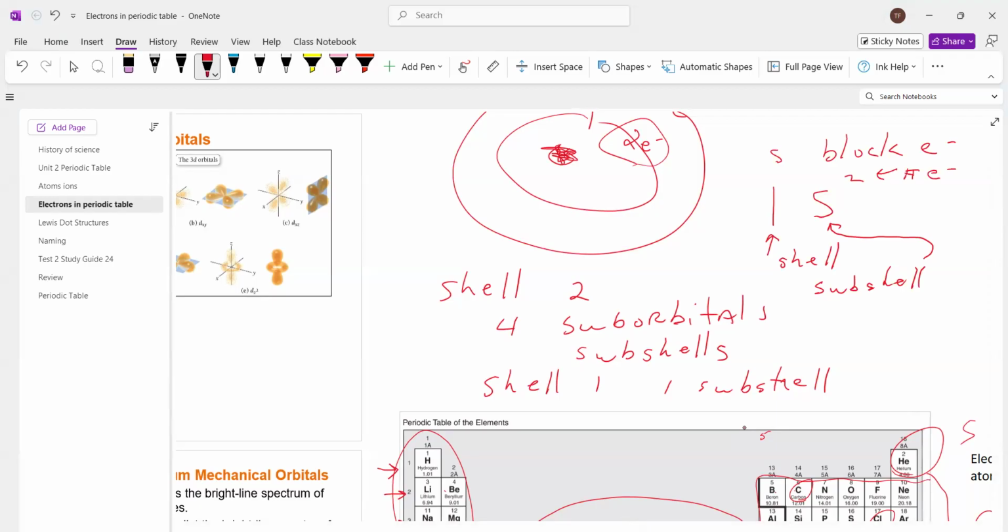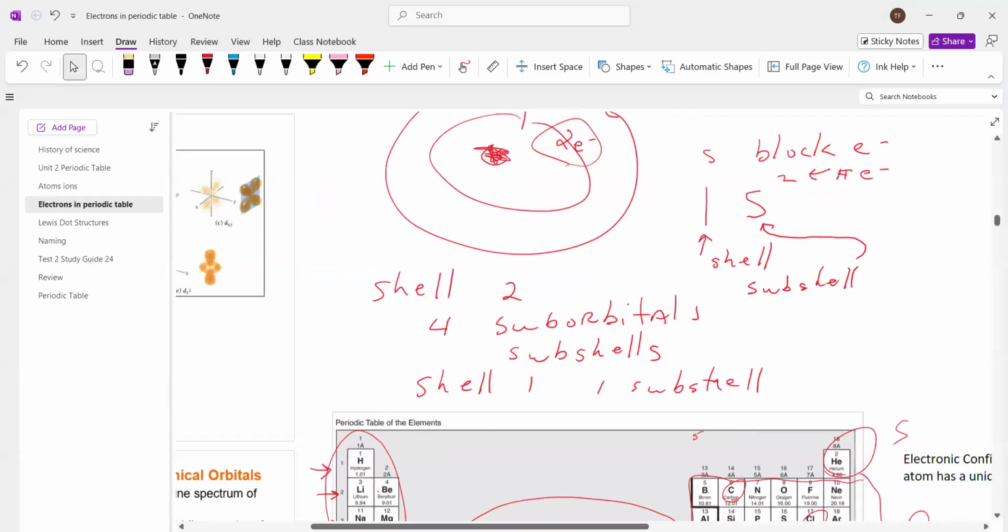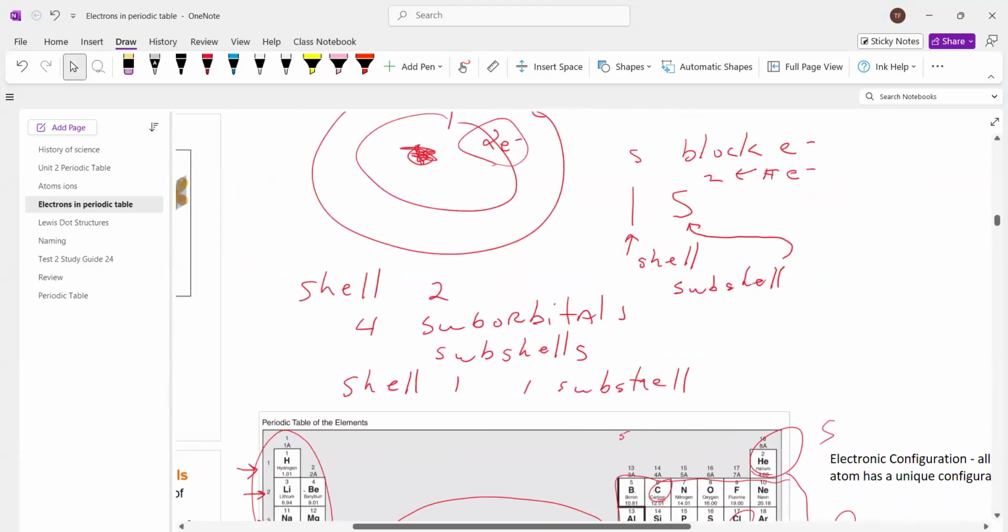Okay, we have 1 more electron to go. So we've accounted for 2 of the electrons. Now, lithium resides in shell number 2. And we have 1 electron left over.